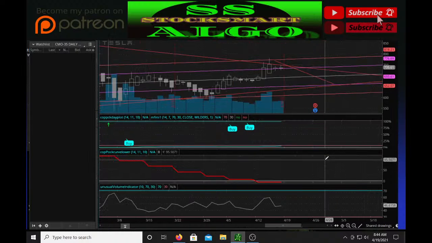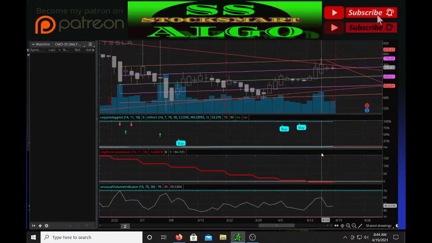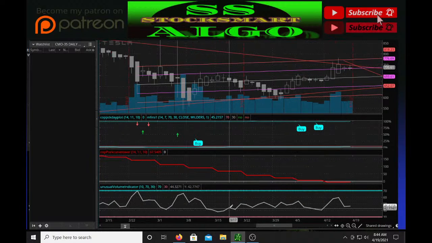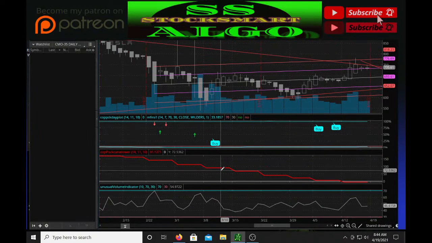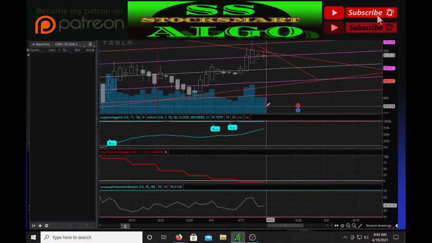Now let's see. Our unusual volume indicator, our Kapok curve, which is important, the TTM LRC, which will help you understand general direction until you're able to do your charting yourself.